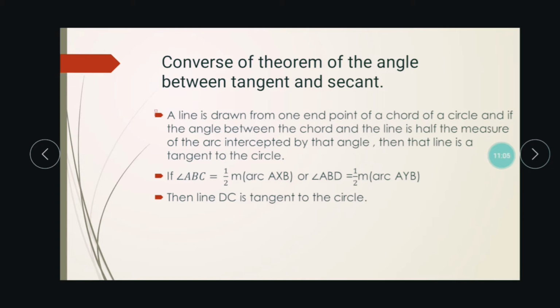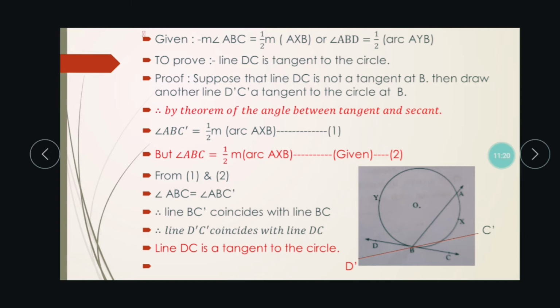Now what is the given part over here? Given part is measure angle ABC is equal to half measure arc AXB, or measure angle ABD is equal to half measure arc AYB. What we have to prove here, I'll go with the figure one more time. Angle ABC is half measure arc AXB, or angle ABD is equal to half measure arc AYB.